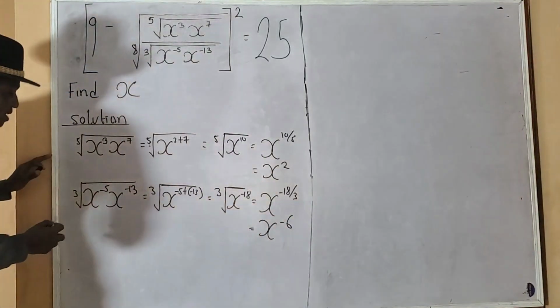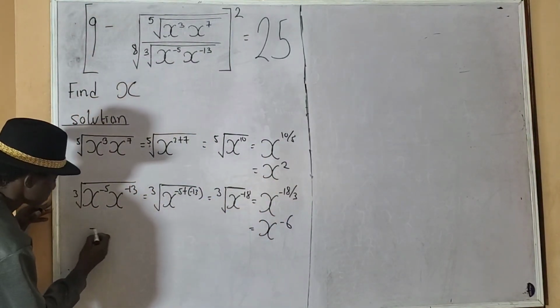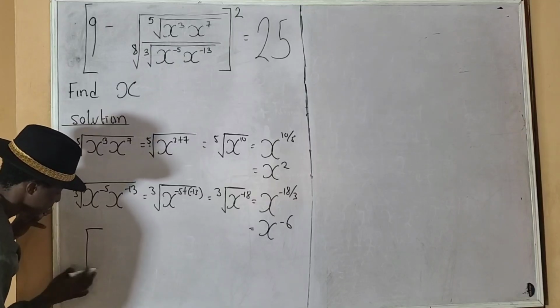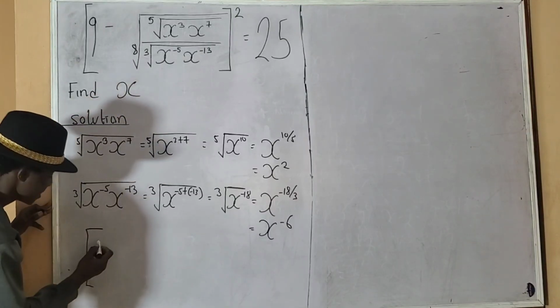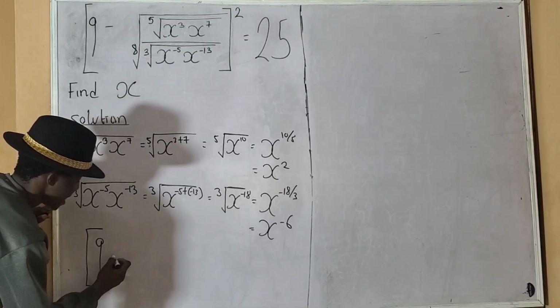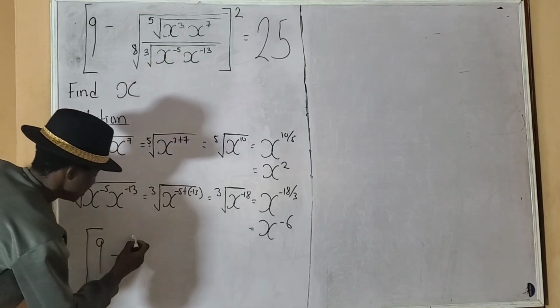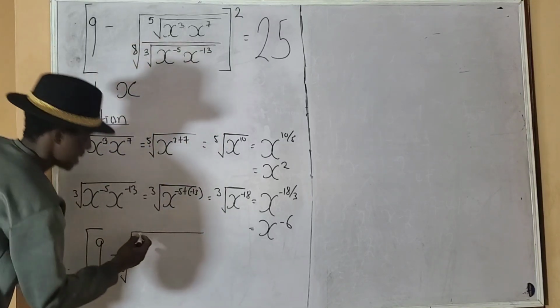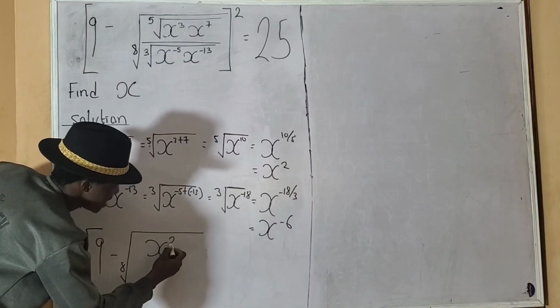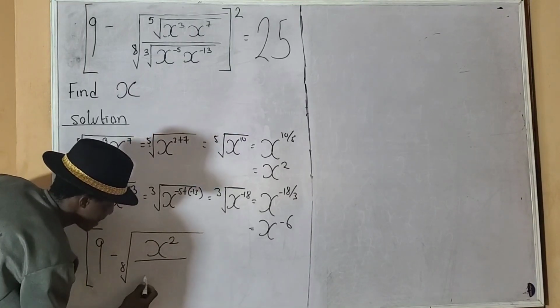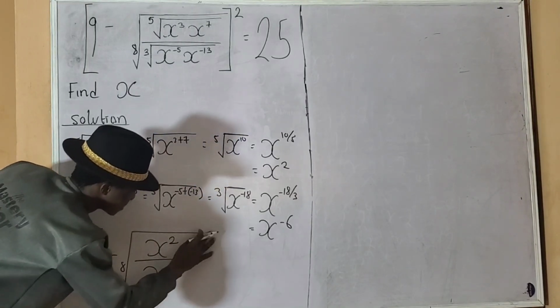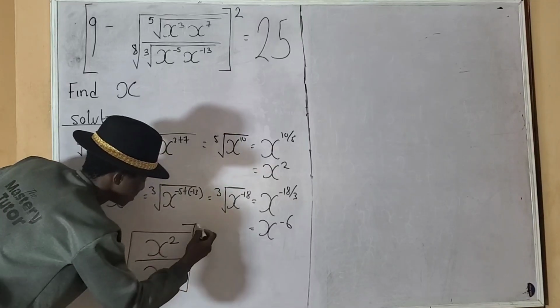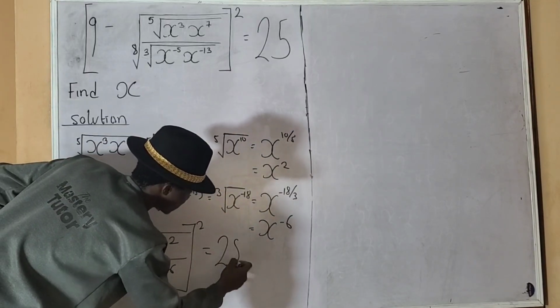So let us proceed. The equation now becomes, put the biggest parenthesis here, 9 minus the 8th root of x raised to the power of 2 divided by x raised to the power of negative 6, all squared. Do not forget, equals 25.